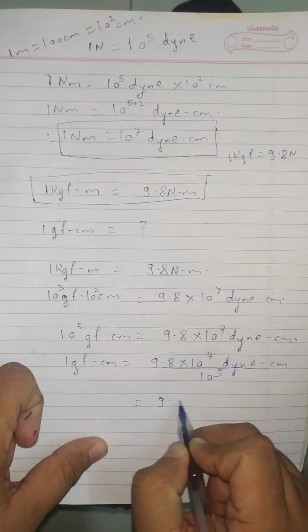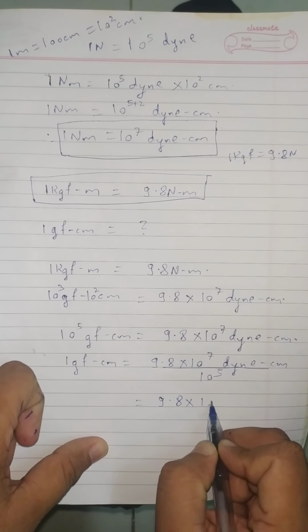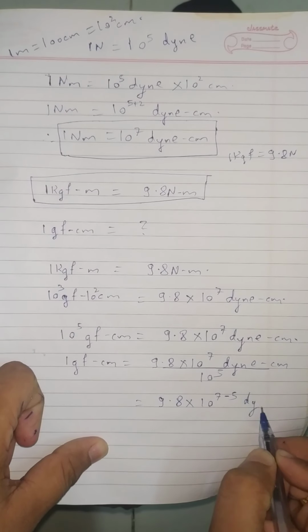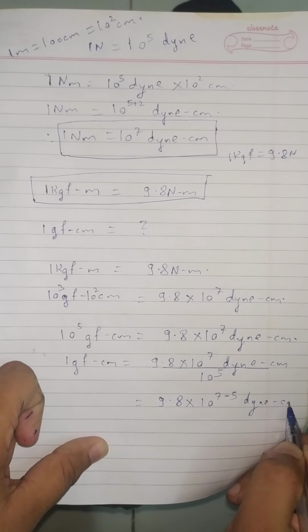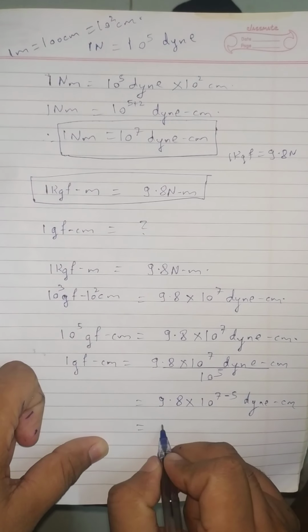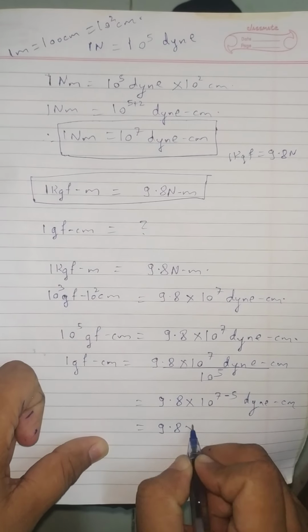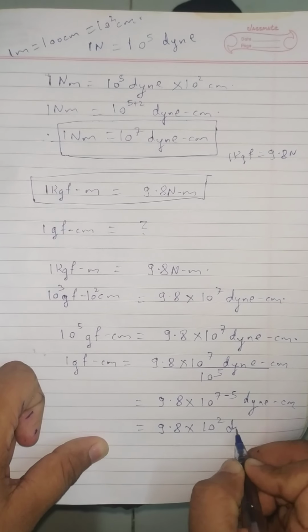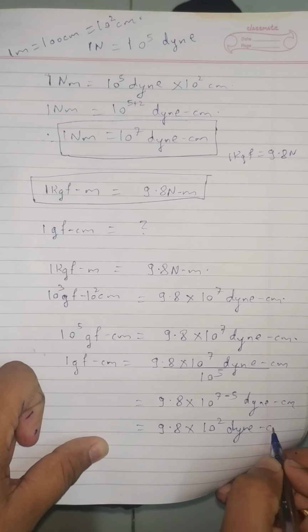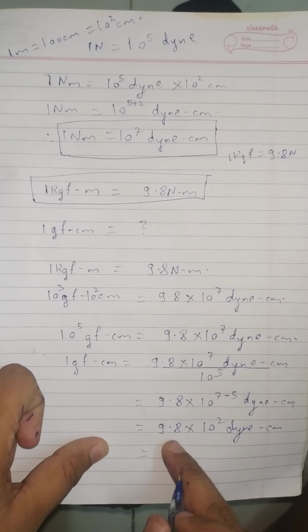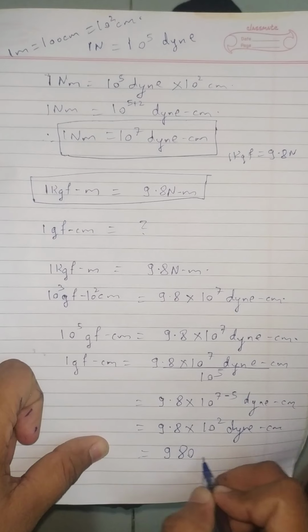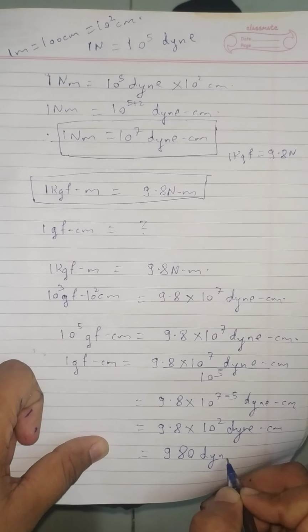So 9.8 into 10 raised to 7 minus 5 dyne centimeter. So 9.8 into 10 raised to 7 minus 5, that is 10 raised to 2 dyne centimeter. Okay, so 9.8 into 10 raised to 2 means 980 dyne centimeter.